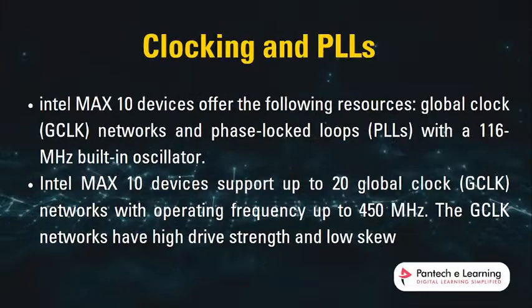And coming to the clocking and the PLLs, our FPGA has a separate global clock oscillator and also an inbuilt PLL. Many FPGA devices don't have PLLs inside the FPGA, but our MAX10 FPGA has a PLL inside. By using the PLL, we can get the required clock frequency.